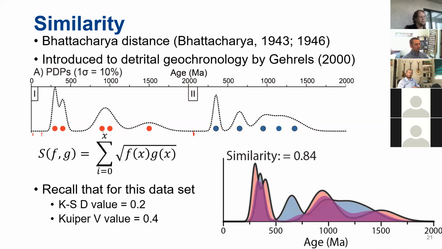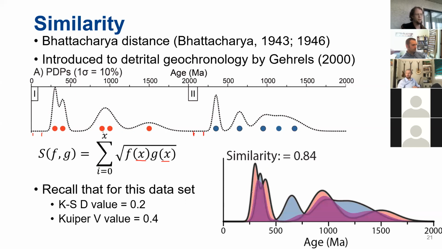We multiply f of x times g of x for all x, take the square root of that, and sum over that distance.